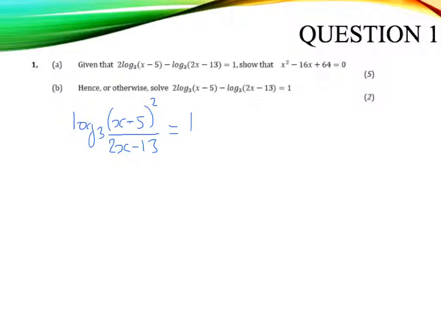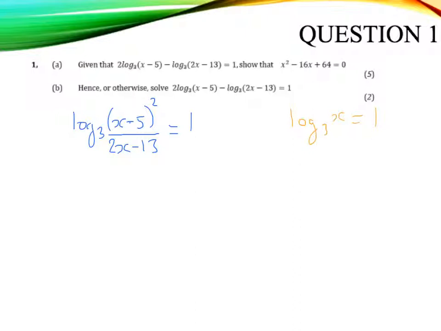What this means is the base, 3 to the power of 1, is equal to this. So let me write these things down. Log base 3 of something equals 1.